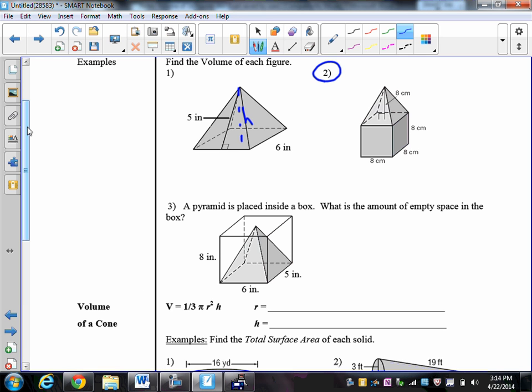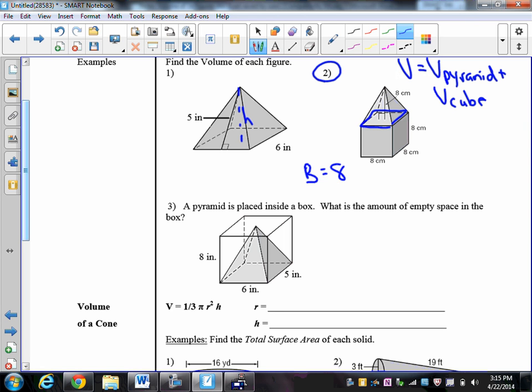So in order to solve number 2, we're given the height. So the volume of this figure is going to be the volume of the pyramid plus the volume of the cube. So if I use my formulas, I need to find the area of the base.